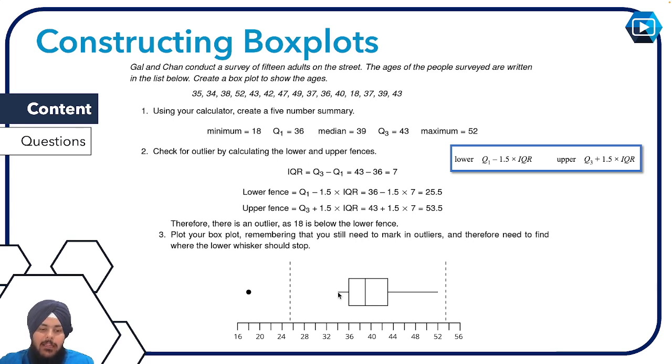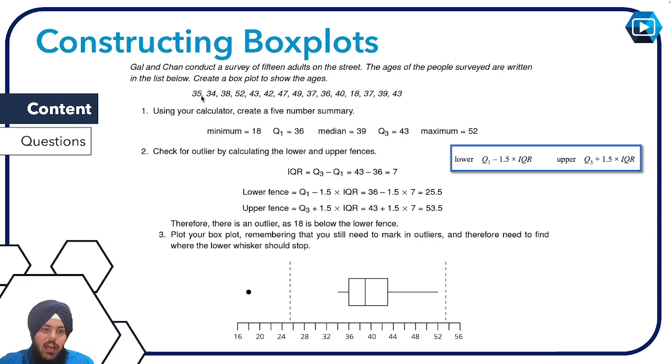And the value that will be part of the box plot can be determined by the next highest value above the lower fence. So essentially, if we ignore this outlier of 18, the next highest value is going to be 34, which is over here.